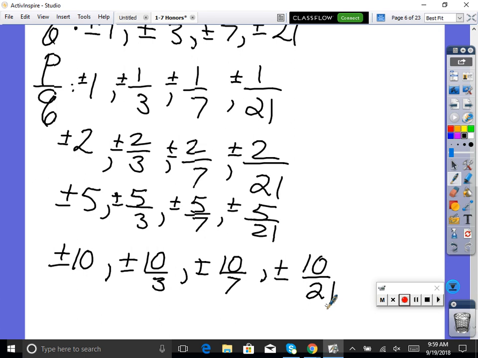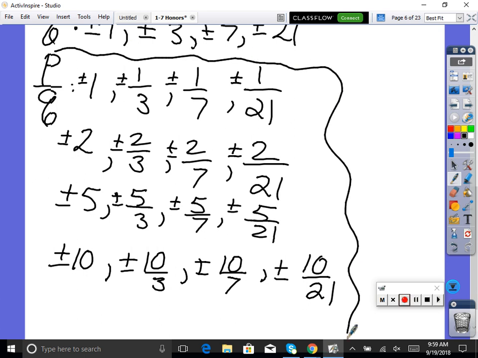Guys, these are the only possible rational solutions of that polynomial. So, there's a lot. In fact, that's a lot. But it's a lot less than infinite, right? Still not the best, but still better than infinite. So guys, if it has a fractional solution, it will be in this. It will be one of these, if it has fractional solutions.